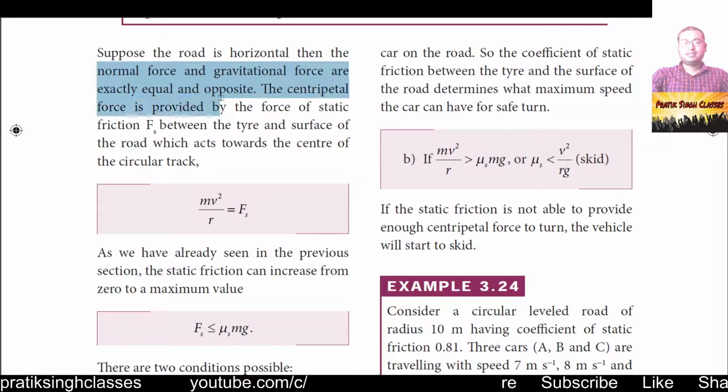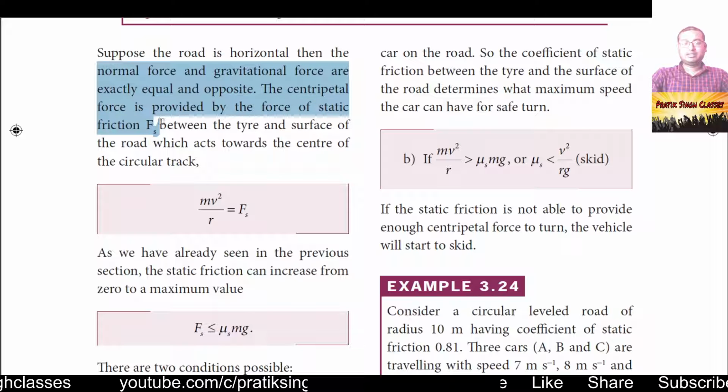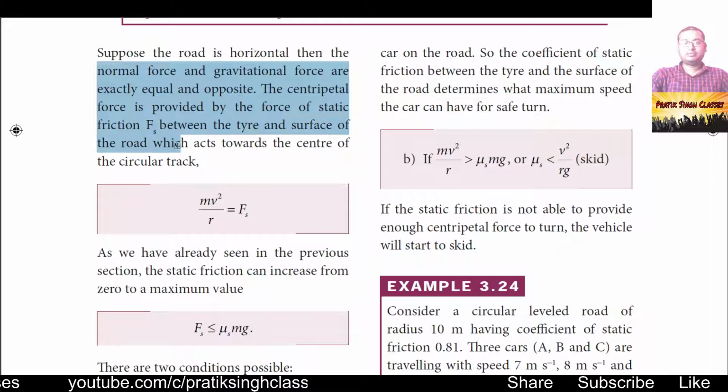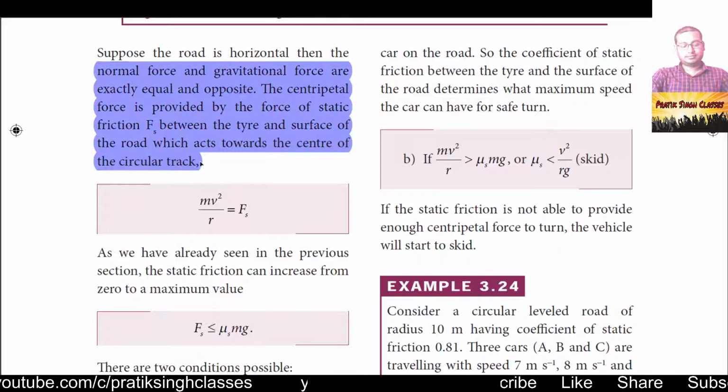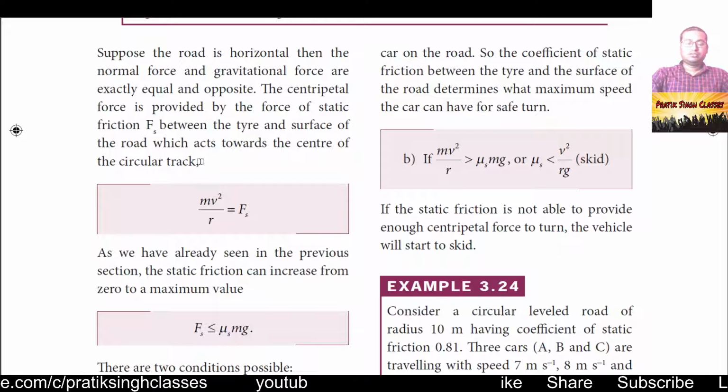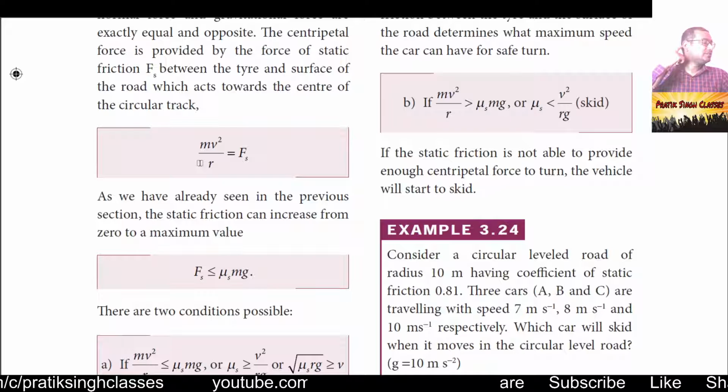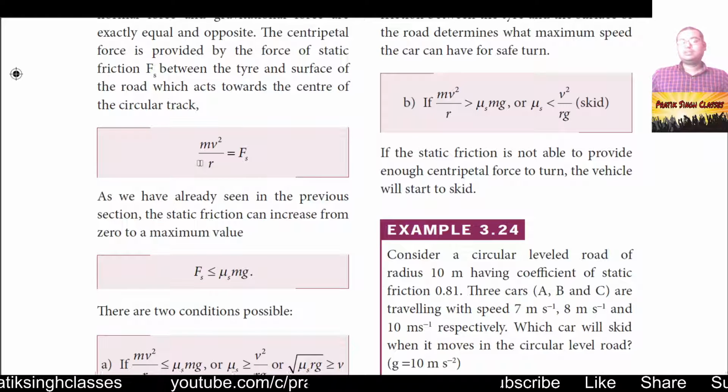The centripetal force is provided by the force of static friction Fs between the tire and the surface of the road, which acts towards the center of the circular track. So we can say that the centripetal force here is because of the friction, and so mv square by r is equal to Fs.